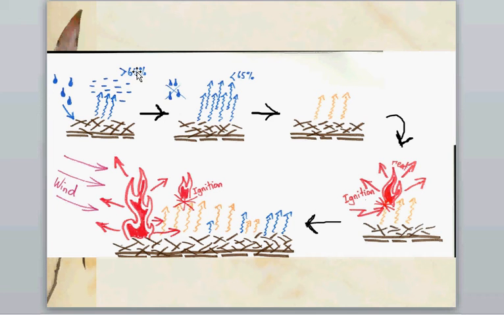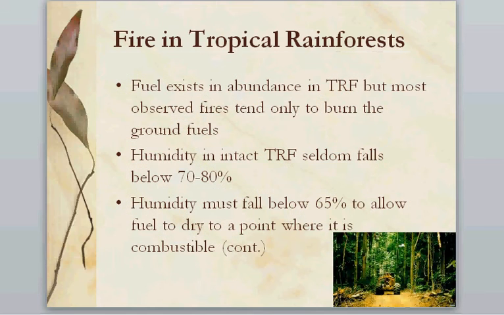So humidity in intact tropical rainforests seldom falls below 70 to 80%, so the leaf litter seldom dries out enough for it to burn. So humidity must fall below 65% to allow fuel to dry to a point where it is combustible. Because of that, fire is not common in tropical rainforests.